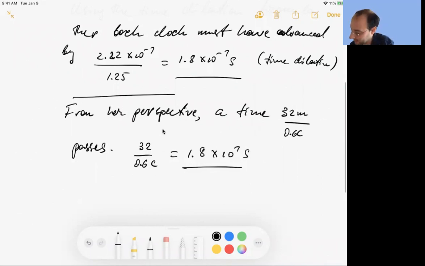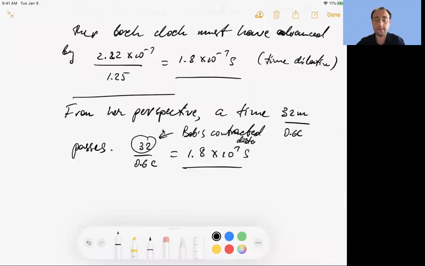So we see Bob's contracted distance. Again and again, we see that all of these effects work together. Okay, good. I hope this was useful. It's food for thought. Think about this.